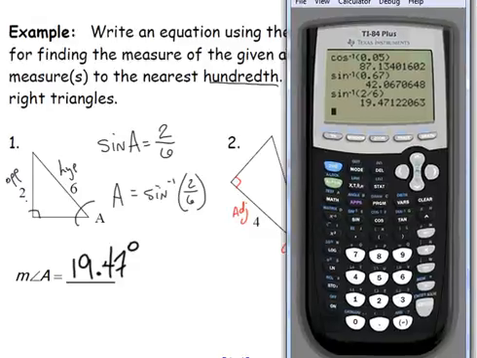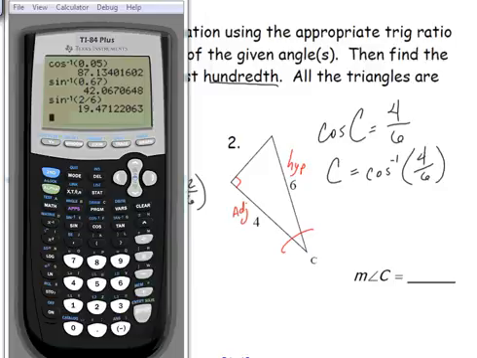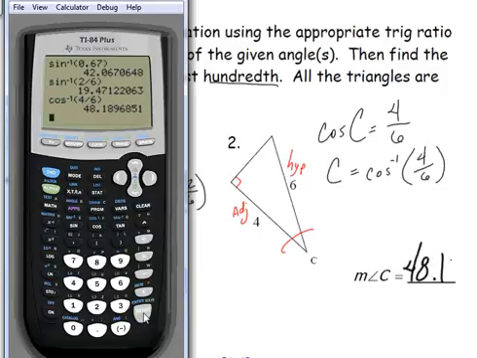So I go grab my handy dandy calculator again. Okay, so we're going to hit second cosine. Then we're going to do 4 divided by 6. Close my parentheses and press enter. And I see that that is 48.19 degrees.